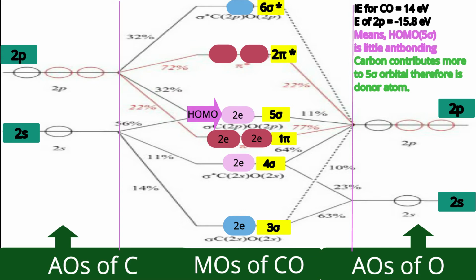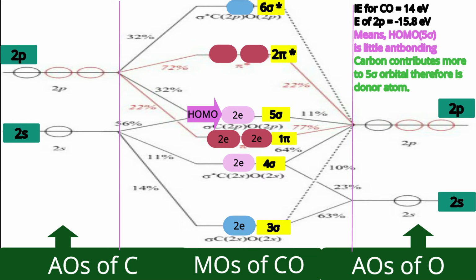So it has a mixed characteristic. Majorly it has bonding characteristic, but anti-bonding characteristics are there in that orbital. Because of that anti-bonding characteristic, we consider it as non-bonding. The exact reason I will give a little later.